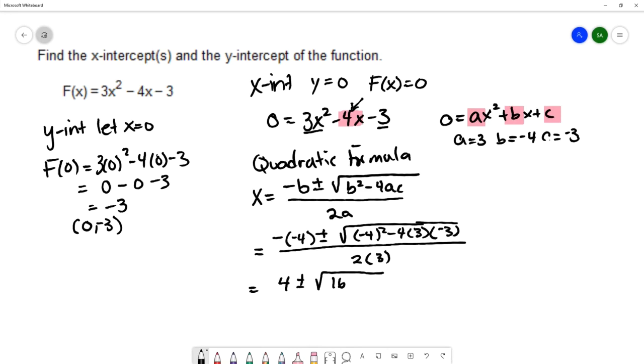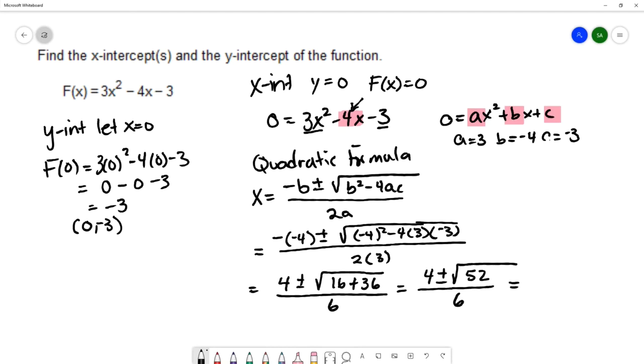And negative 4 squared is 16, and 3 times 3 is 9, times 4 is 36, and we have a plus 36 because we have an even number of negatives. 2 times 3 is 6. We have 4 plus or minus, and we're going to combine the values underneath the radical. That would be a 52. 16 plus 36 is 52.